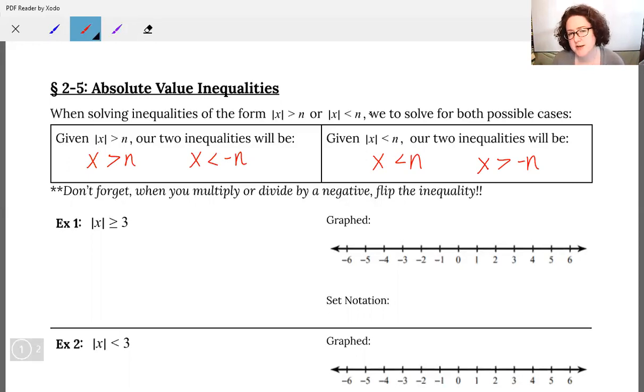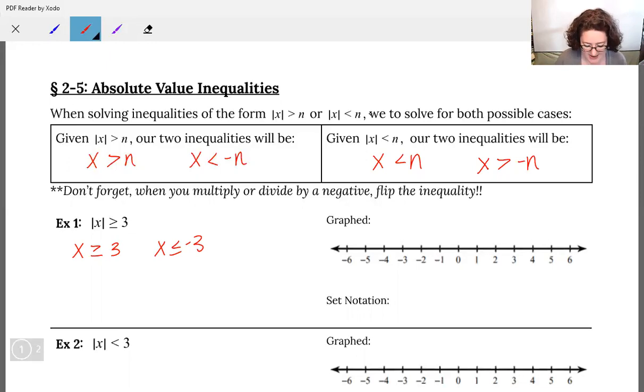Again, we're going to start out pretty straightforward with just an absolute value compared to a number. So in our first one, absolute value of x is greater than or equal to 3. Our two versions would be x is greater than or equal to 3, and x is less than or equal to -3. We don't actually have to do any solving for this one, so let's just graph this out.